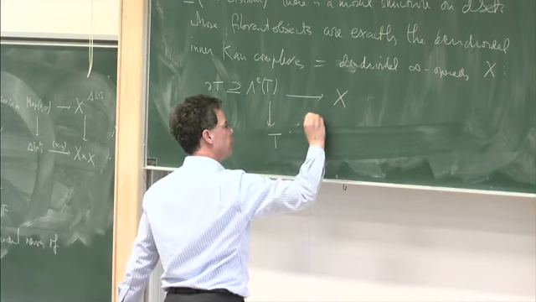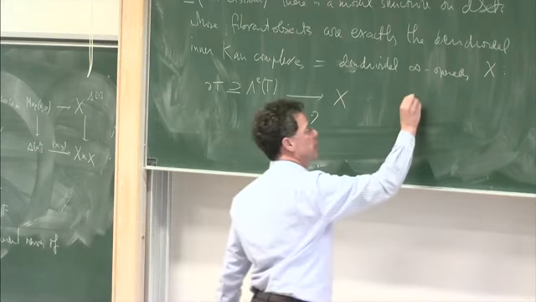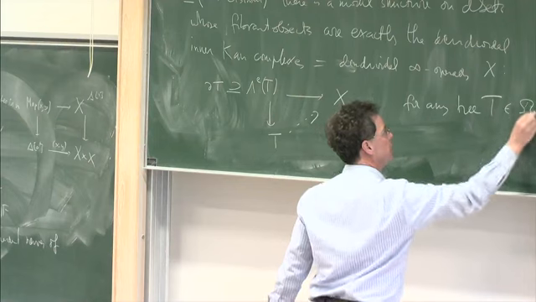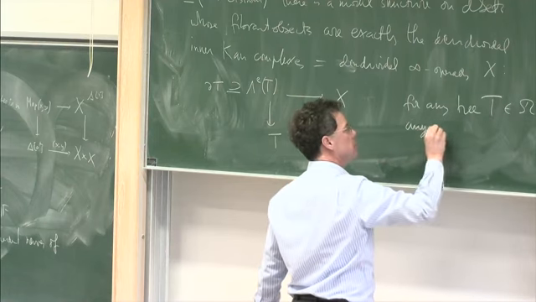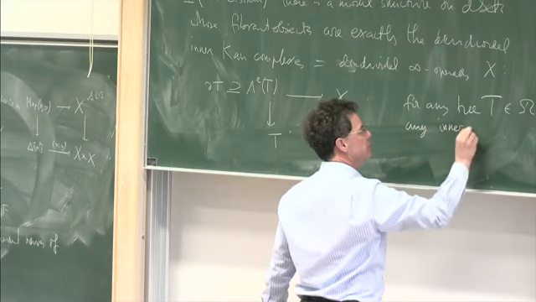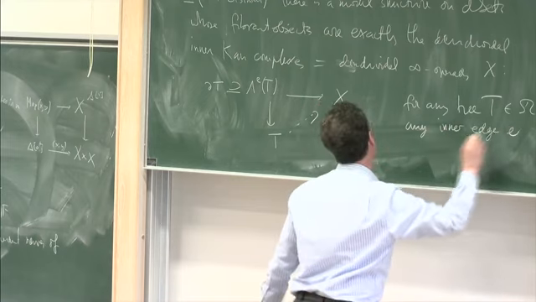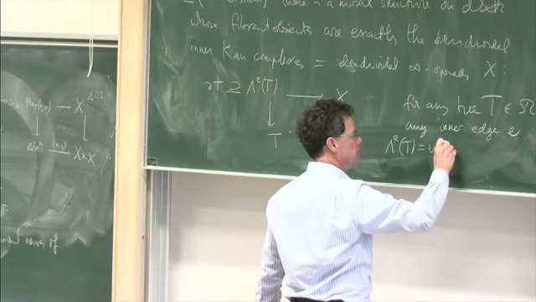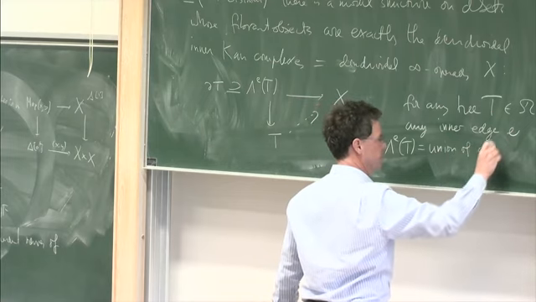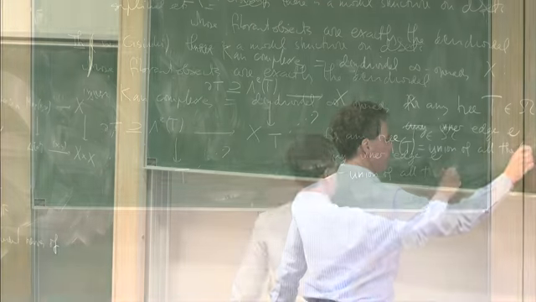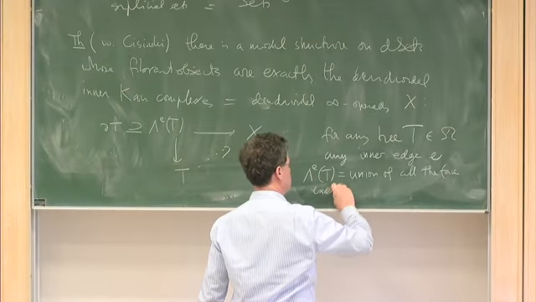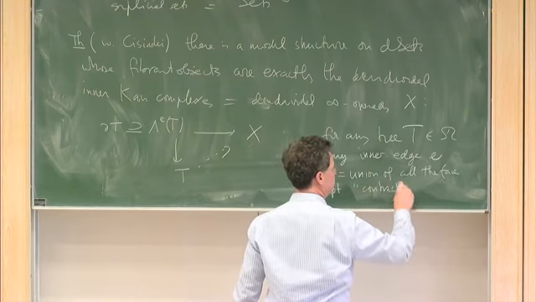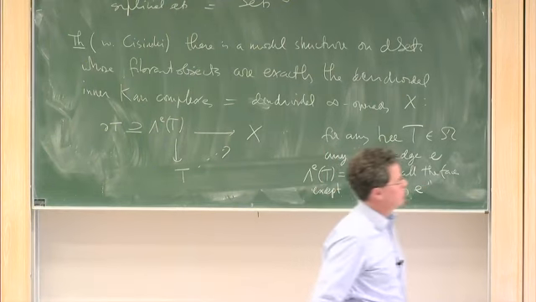And you could ask for a lifting property like this for any tree T in omega and any inner edge E, where lambda E T is the union of all the faces except contracting E. Okay, so where is my picture?